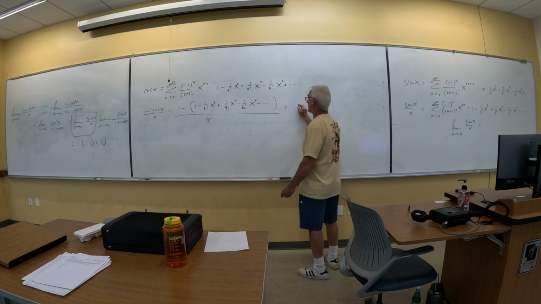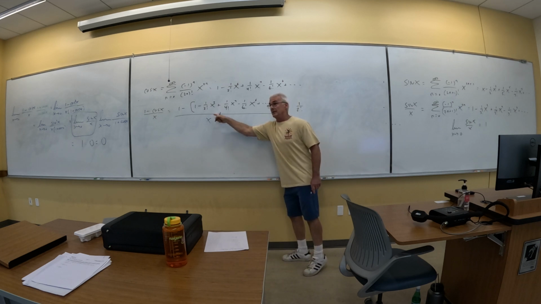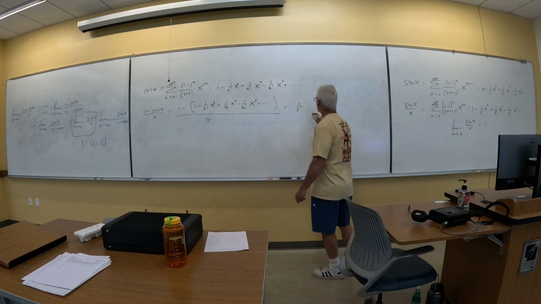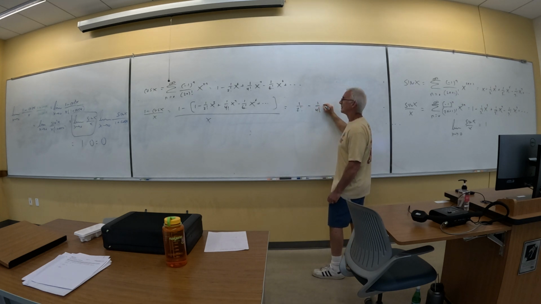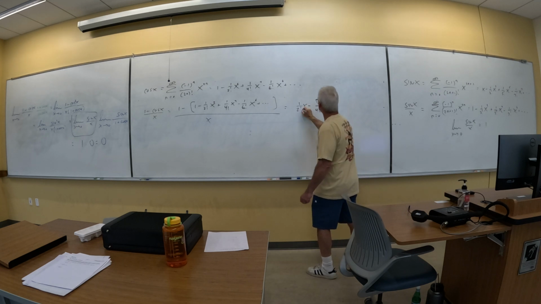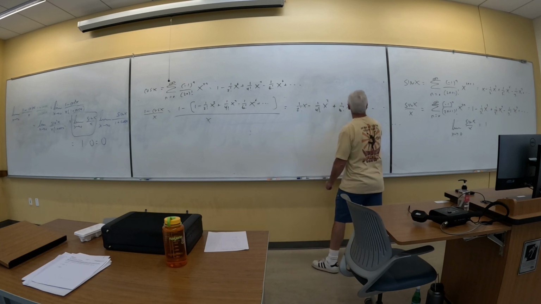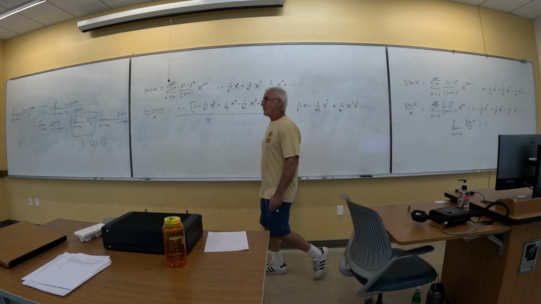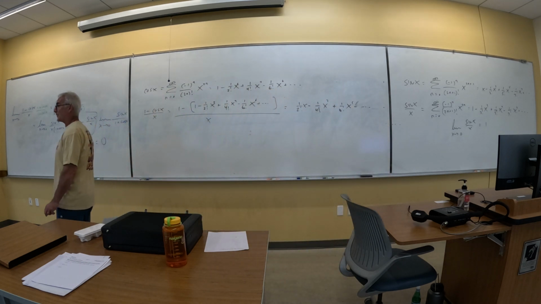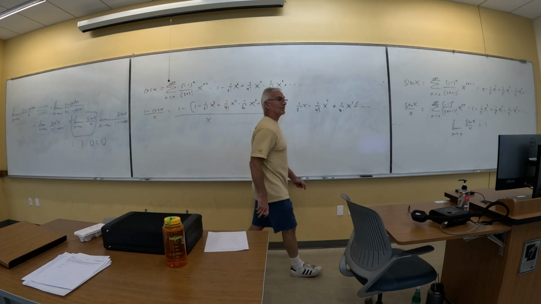Yeah. So on top, I'm going to have a positive 1 over 2 factorial x to the first power, then minus 1 over 4 factorial x to the third power, sorry, that's x there, and then plus 1 over 6 factorial x to the 5th power, forever. Actually, I should put a minus here. Okay. So the power series for 1 minus cos x over x looks like this, forever.